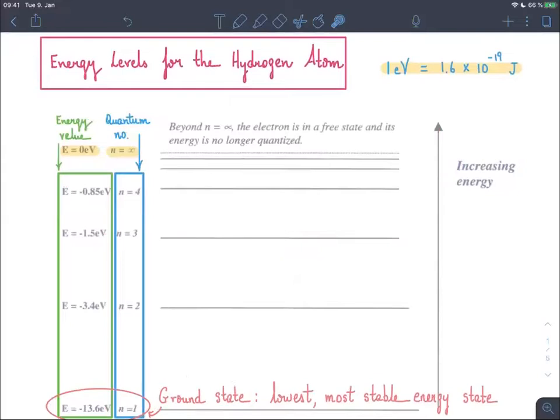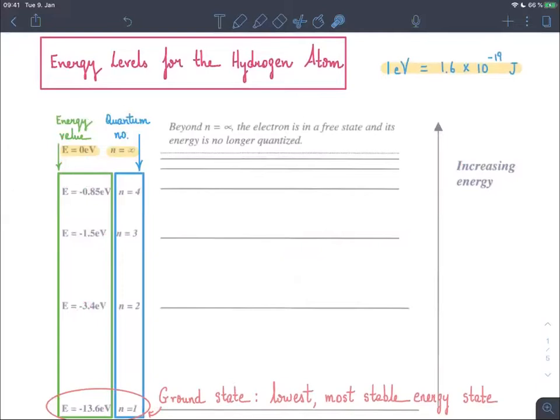Now, you may have noticed that the energy values are negative. You should not let this confuse you. Energy was and still is a scalar quantity, so why negative? Let us shift our attention to an energy of 0 electron volts. This value of energy, rather than representing the minimum energy, is assigned to the infinite energy state as a maximum.